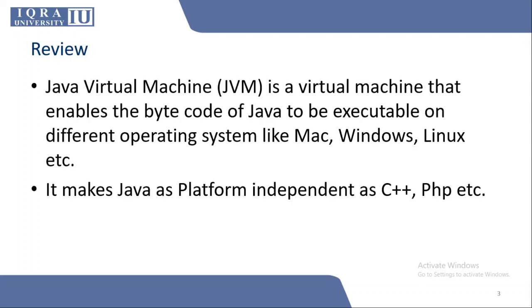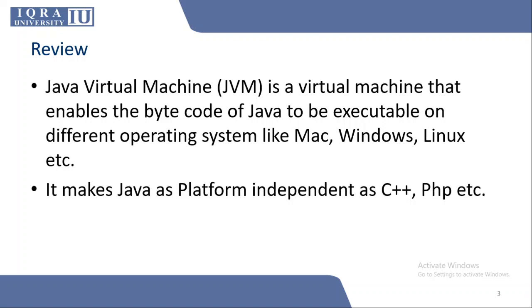First of all we will have a review of lab session number 1, in which we have seen JVM, that is Java Virtual Machine. That is a virtual machine that enables the bytecode to be executable on different operating systems, which means that it converts the code of Java language into a form that can be executed on any operating system like Windows or Linux.